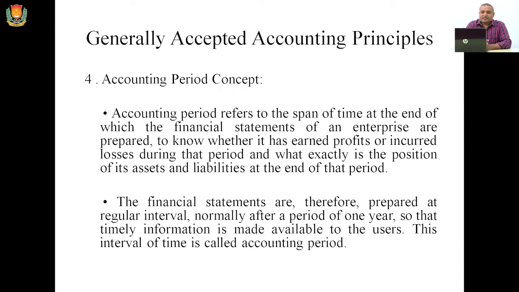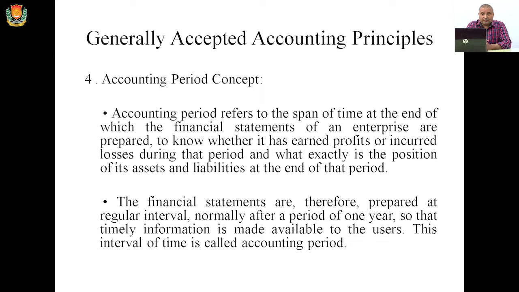Fourth important concept is accounting period concept. Although we assume that business will continue for an indefinite period of time, then also it becomes necessary to determine whether we are earning profit or business is incurring loss.